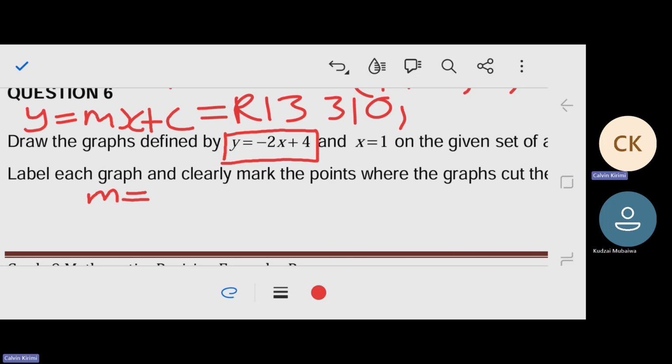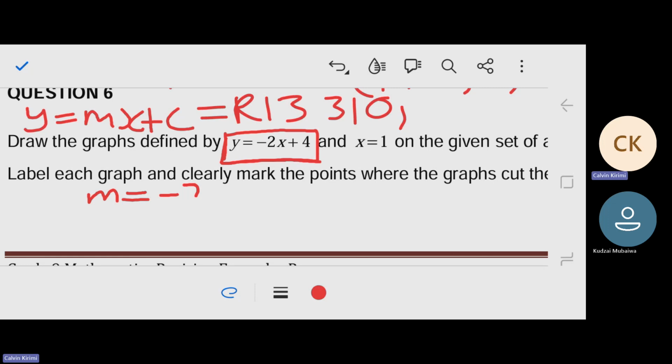When you are given an equation, you must know the gradient without calculating with two points. You are not given two points, but you are given the equation of the line. What is the gradient? It is negative 2.